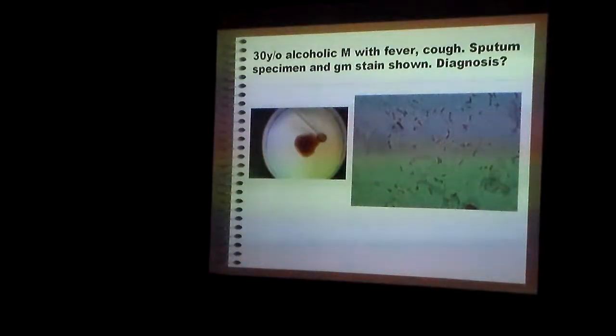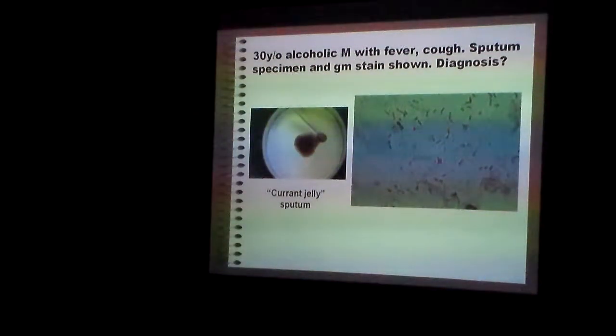30-year-old alcoholic male with fever, cough, sputum specimen, and gram stain shows short, gram negative rods, currant jelly. I can't give you more than that. Klebsiella. Okay. Currant jelly sputum, Klebsiella, okay?